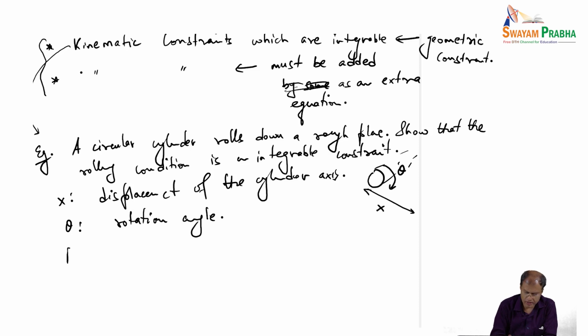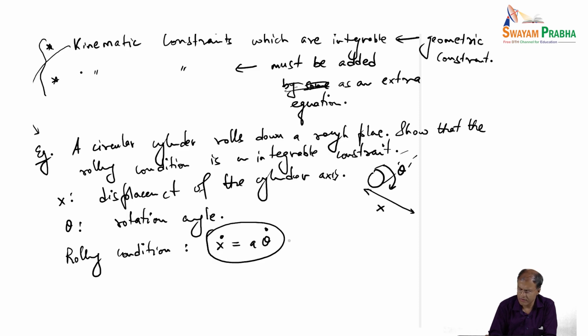So what we have is that the rolling condition is given by x dot is a times theta dot. This is my rolling condition, and we can easily integrate using some initial condition.